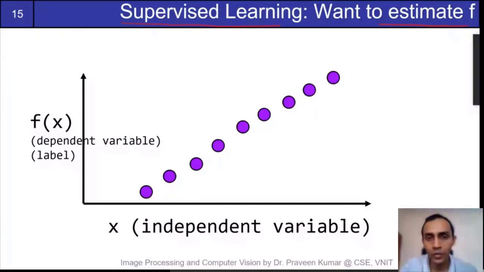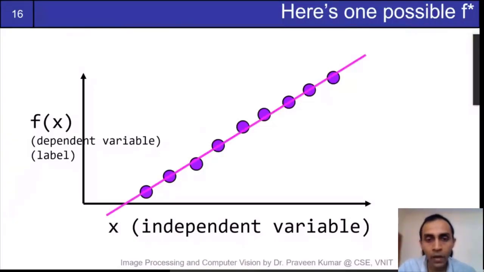So you have some data points and you want to learn this function. For example, if you have a distribution like this with just one independent variable x, one possible function can be a straight line which explains this data.